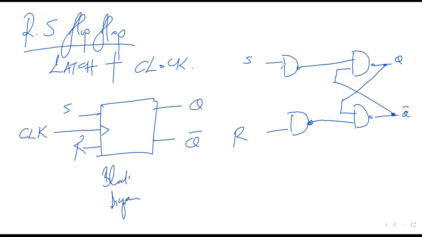All right, but now I have 2 inputs here instead of 1. The SR latch is just like this: no clock, 1 input. For the flip-flop, instead of this, we now have a clock there. The other input is the clock.